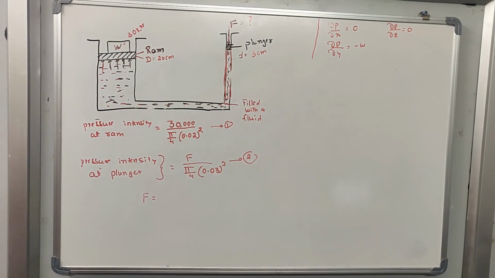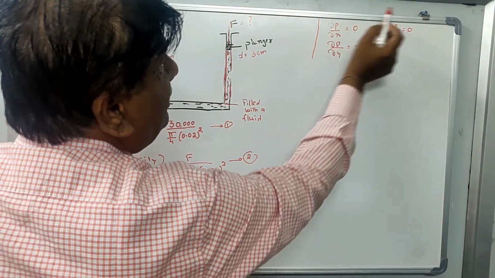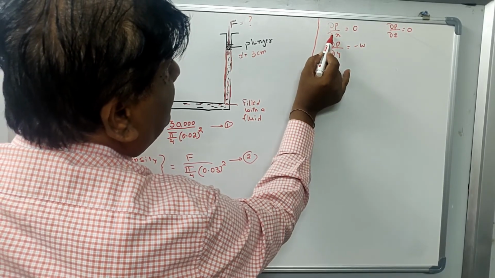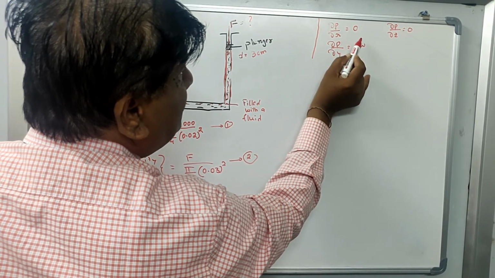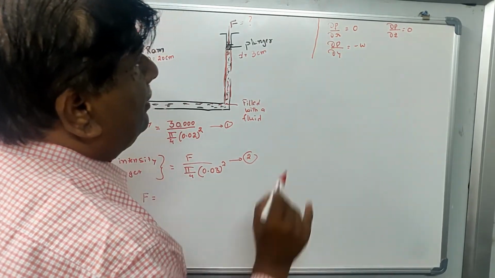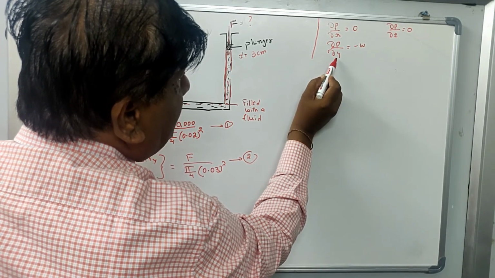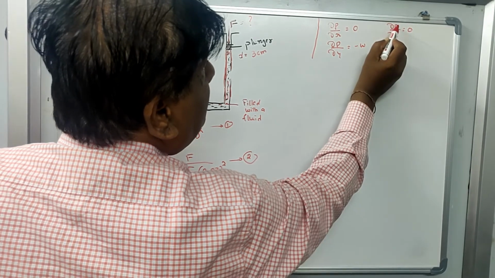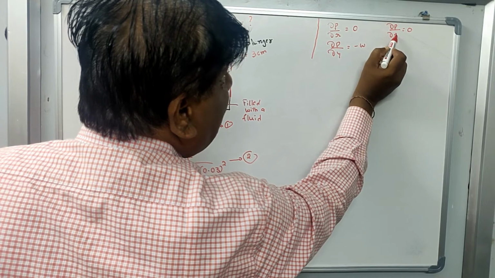The interpretation of these mathematical terms: delta P by delta x means the variation of pressure intensity in the x direction, in the horizontal direction, is 0. Then the variation of pressure in the y direction, the vertical direction, is minus W, and the variation of pressure intensity in the z direction is 0.